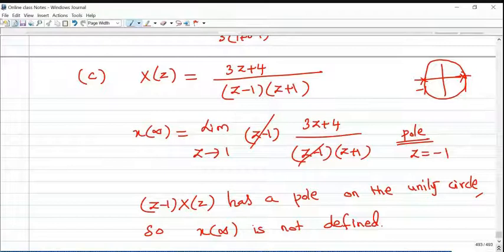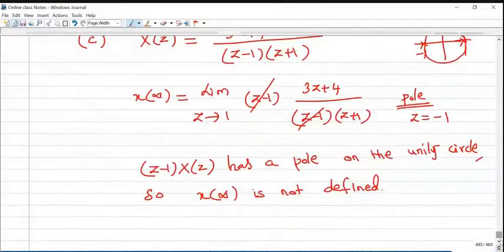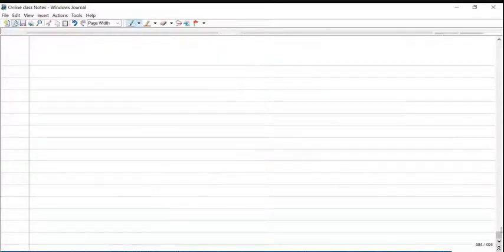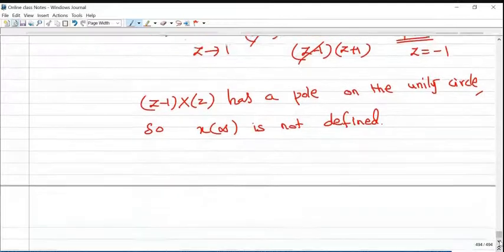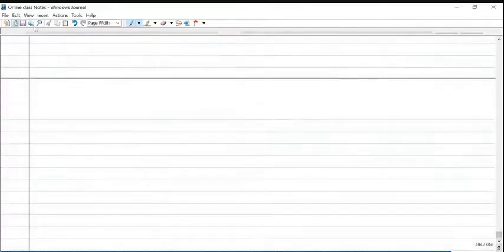Okay, just a few problems using the final value theorem. So those were basic problems of Z transform and some formulas: delta of n, u of n, a power n u of n, minus a power n u of minus n minus 1.